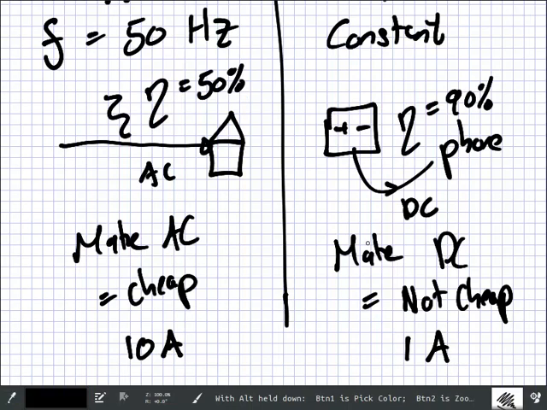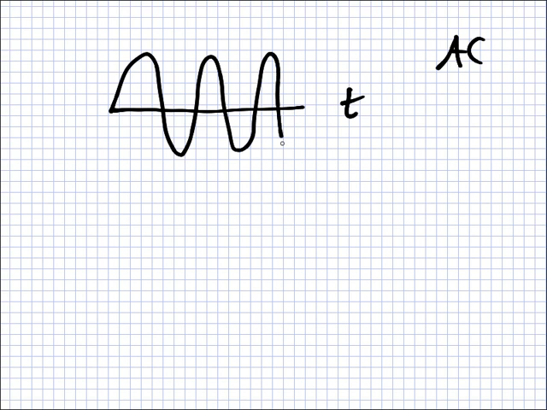So I'll explain here with a graph. Here's time. AC goes up, down, like that. And here you have a max, and here you have minus max, like 200, minus 200.